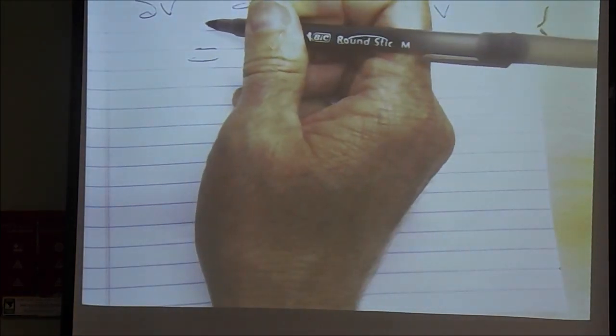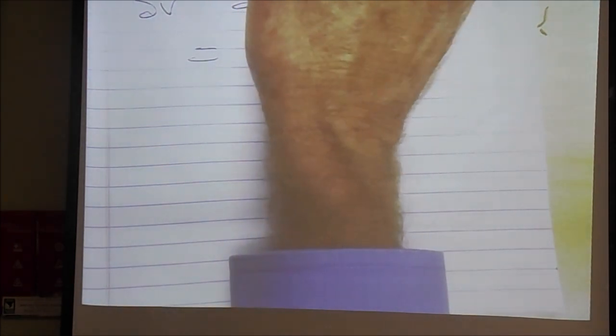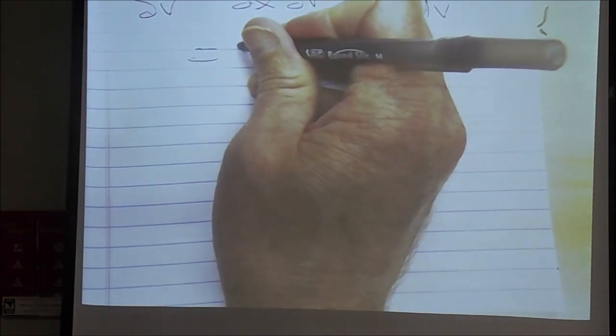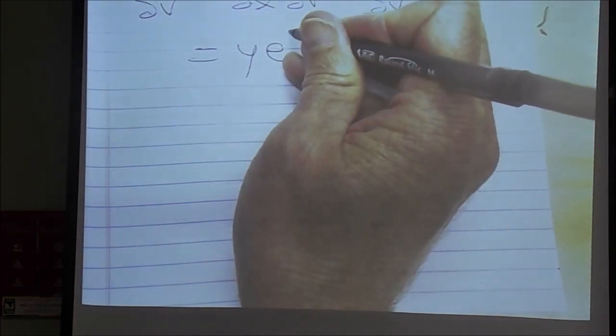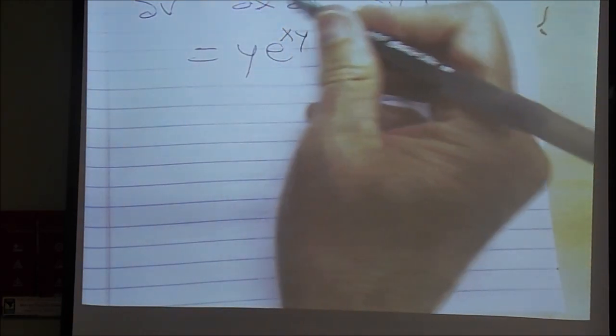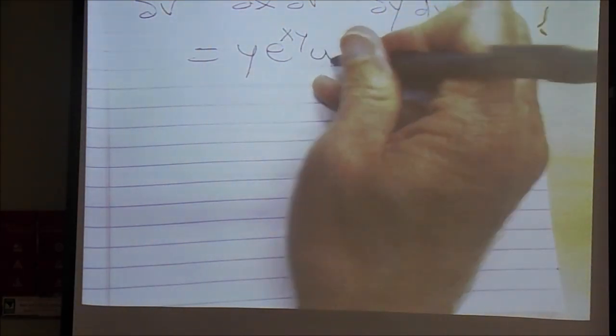Alright, and then dz dx, z is equal to e to the yx, y treated as a constant, remember derivative of e to the kx is k e to the kx, so with y treated as k, this is y e to the yx. So that's dz dx. Then dx dv, if x is u times v, is just u.